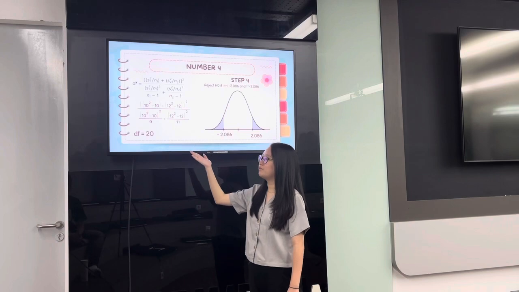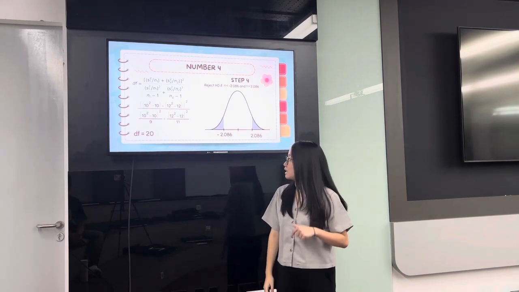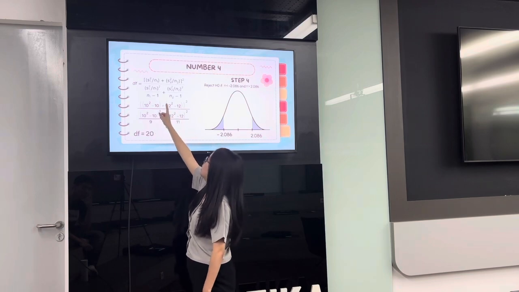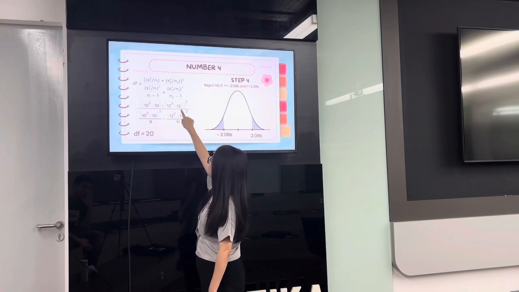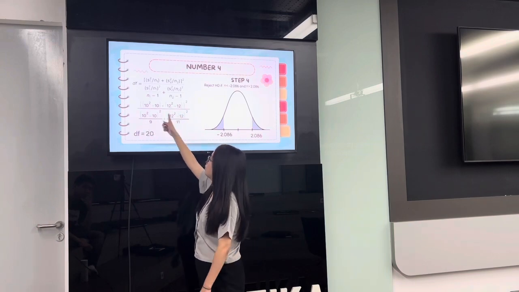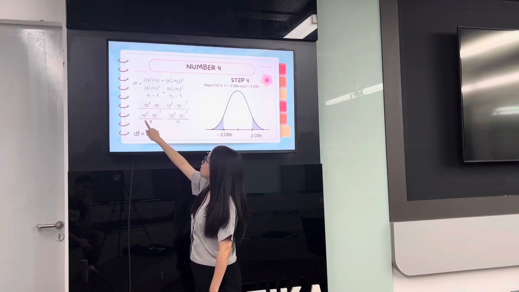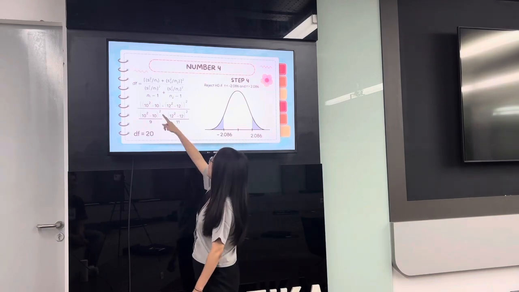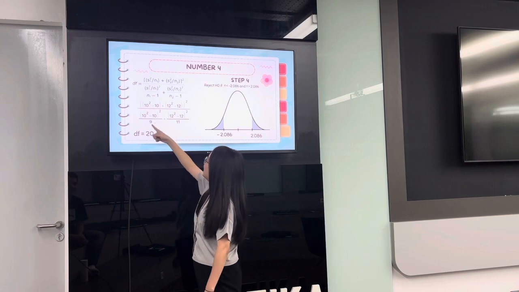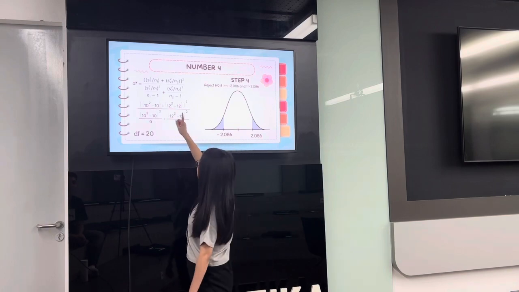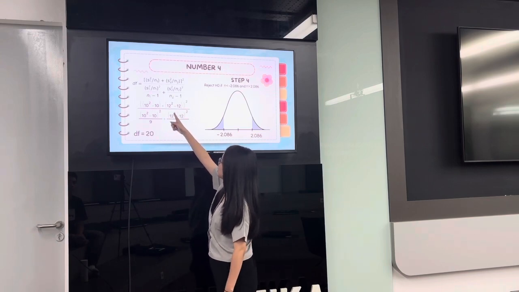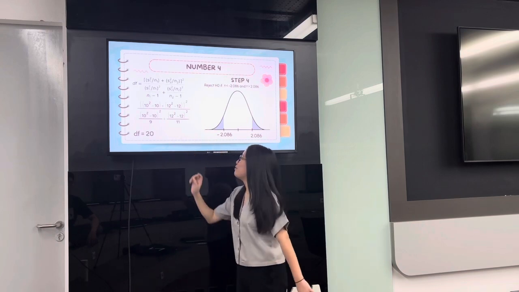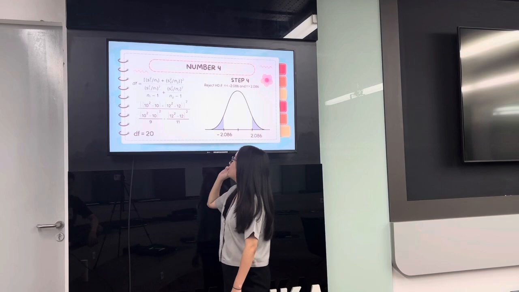This is the degree of freedom formula for this t-test. We calculate the standard deviation per sample and square them, divide by n for each sample, and square again, and divide by n minus 1, so we get 9 and 11.